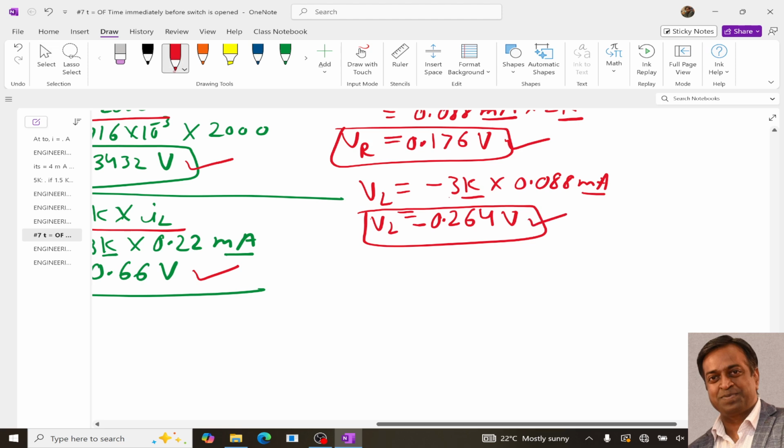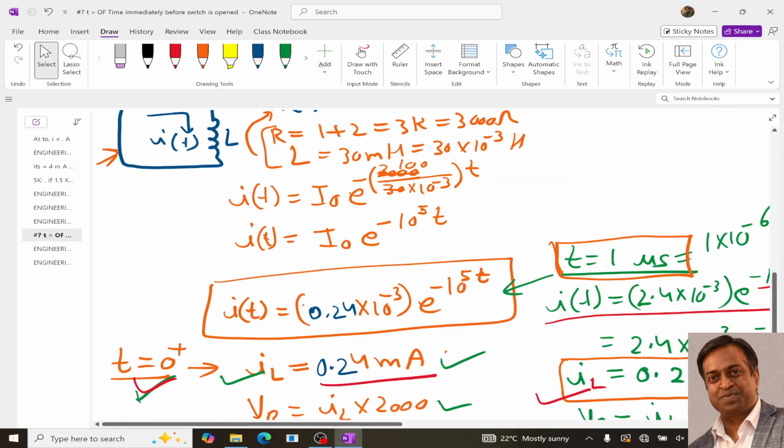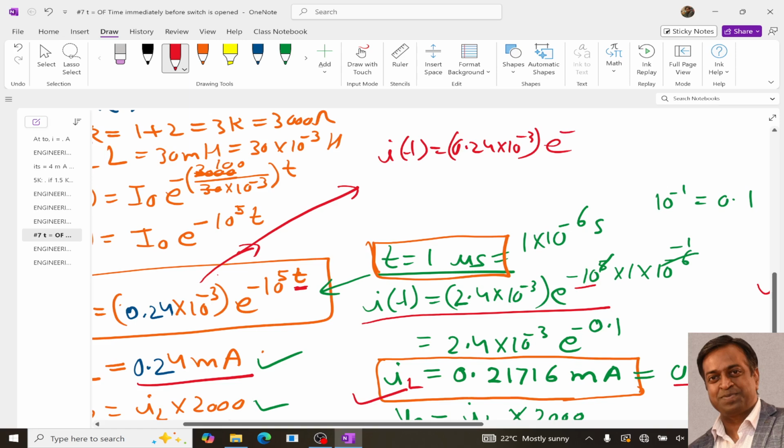So the current and the voltage across the resistor and the inductor are all decaying, and at the end if you calculate the current and the voltage at t equals to infinity, you will get everything as 0. If in this formula you put t equals to infinity, you will get IL equals to 0.24 into 10 power minus 3 e power minus infinity.